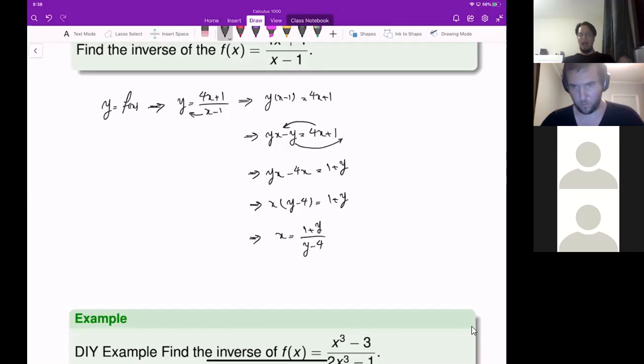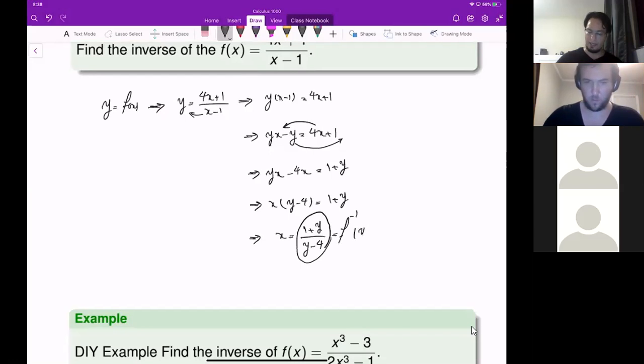So I have been able to solve this equation for x. When you do that, you have basically found f inverse. This is f inverse applied on y. I like to have functions applied on x, so replace x and y.